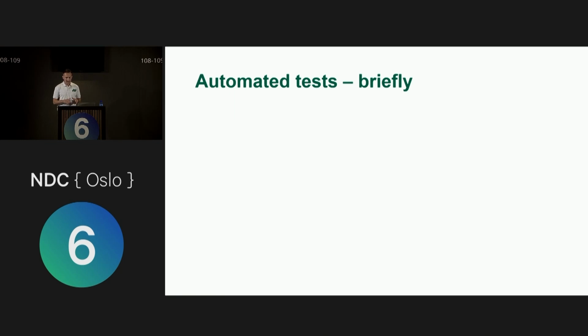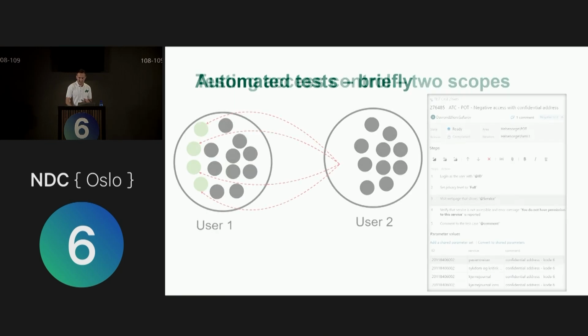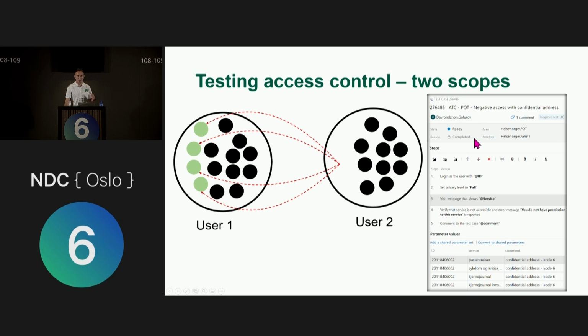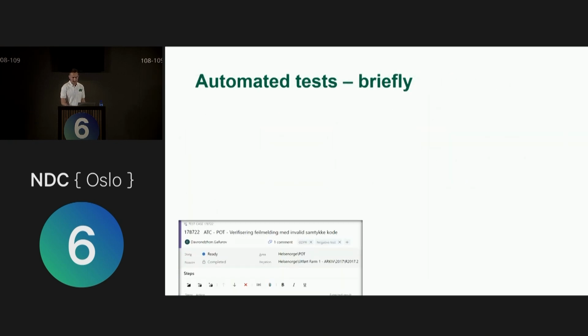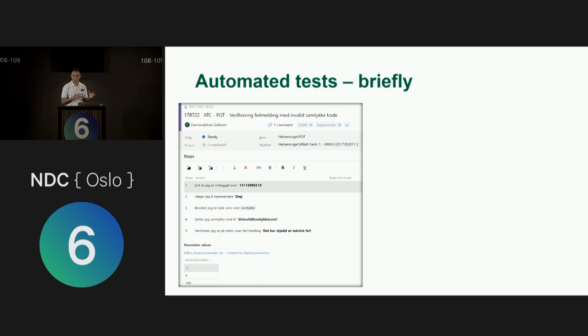Very briefly about this test case: it's an automated test case, not manual. Our automation approach is BDD, behavior-driven development. I'm not going into too much detail on our automation approach because it needs a separate session. This is an example of our automated test case.